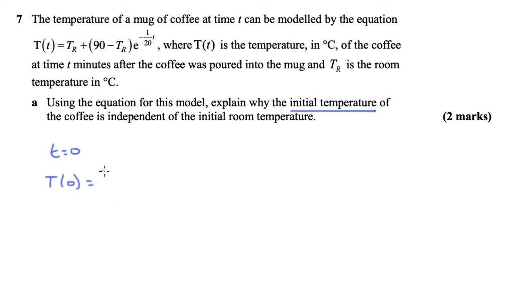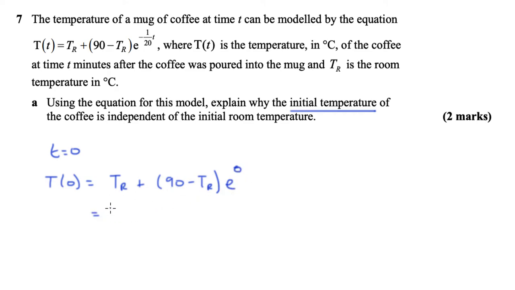And what's happening is that we will have the room temperature plus 90 minus the room temperature times e to the power of negative 1/20 times 0. So we're going to end up working out e to the power of 0. And e to the power of 0 is 1.